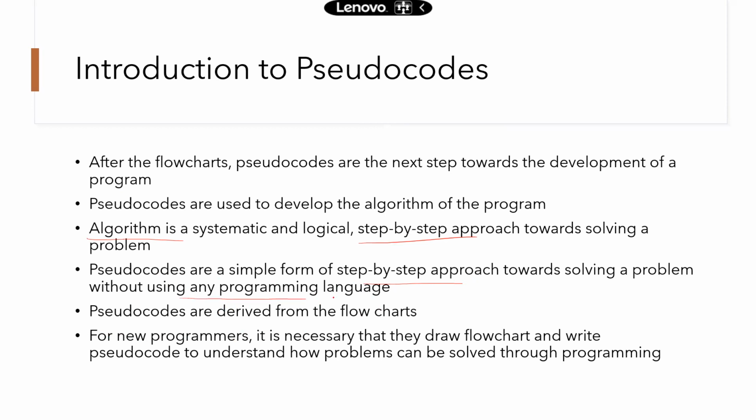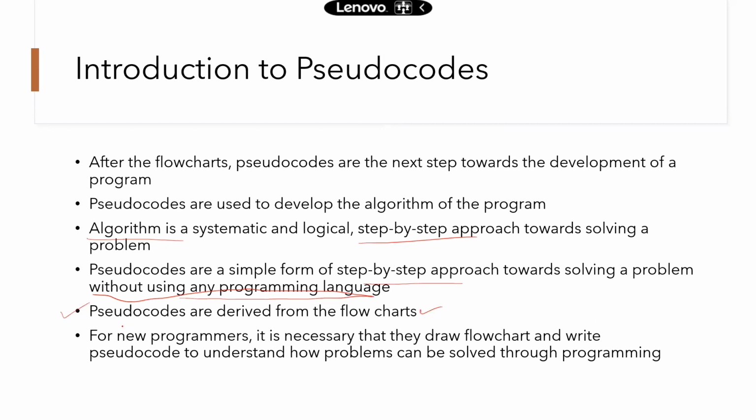You don't need a programming language to develop a pseudocode. And a pseudocode is derived from the flowcharts. This is very important: you make the flowcharts first and then derive the pseudocodes from the flowcharts.